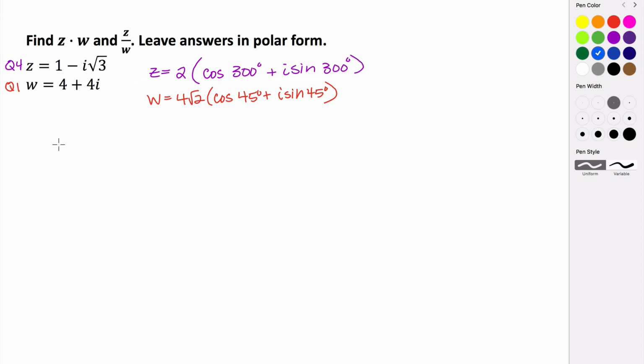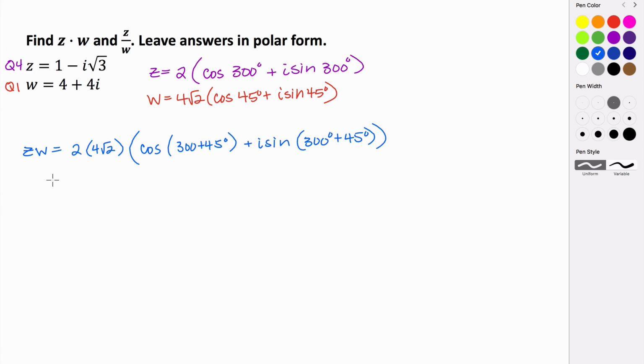So the product of z and w, so z times w, is equal to 2 times 4 rad 2, all of this times the cosine of 300 plus 45 degrees plus i sine of 300 plus 45 degrees.